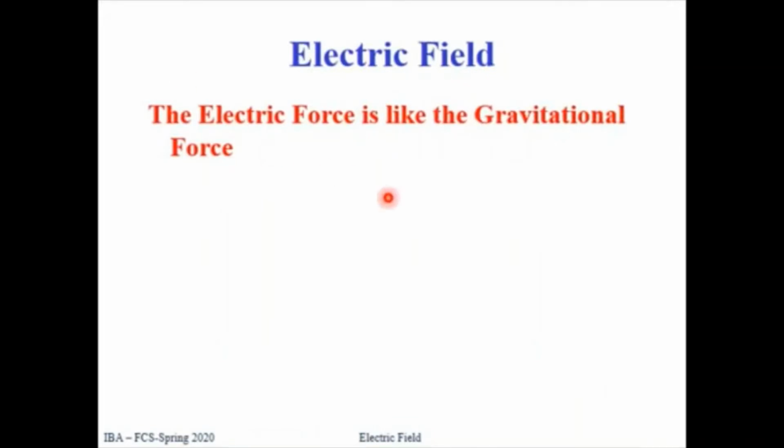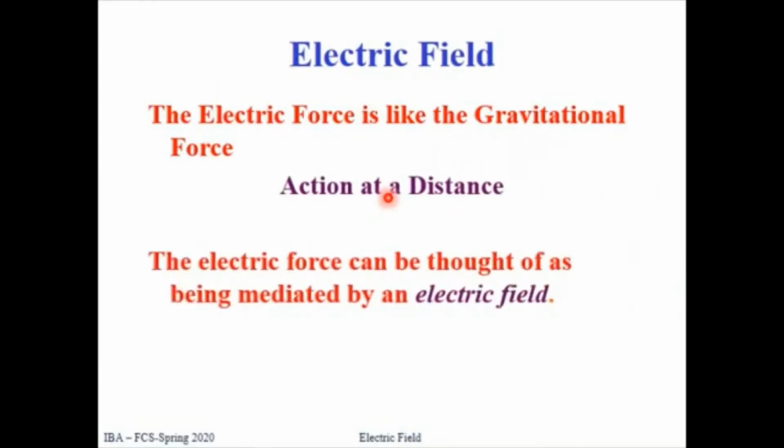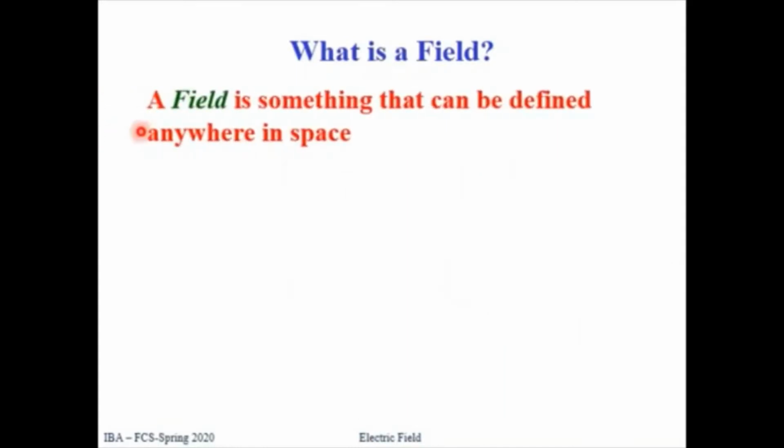The electric force is like the gravitational force. We call it action at a distance, and the electric force can be thought of as being mediated by an electrostatic field. Now we are able to define the electrostatic field. The field is something that can be defined anywhere within space.